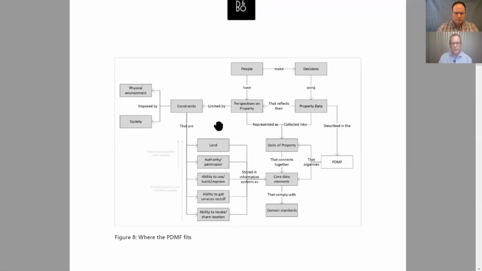Here is what we consider the core bits of information for a property to be: land, some permission to use that land, the ability to build buildings on it and improve it, the ability to get services on and off it, and the ability to share the location of that, which would be an address.